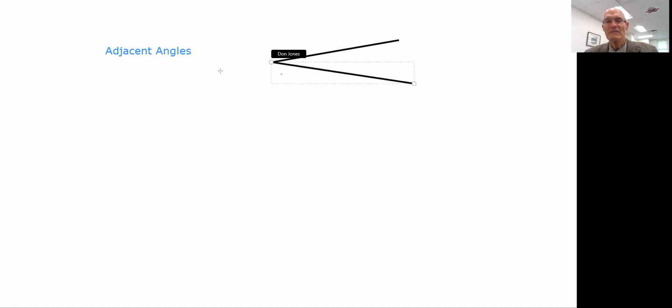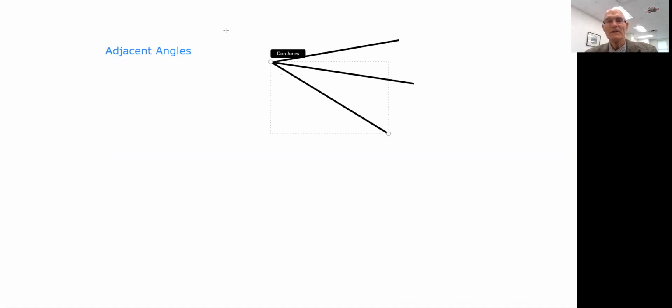Now, the first type of angles we talked about are adjacent angles. And adjacent angles have a common side. So if I have a situation like this, and then I have a second line like this, and then I have a third line coming down like this.